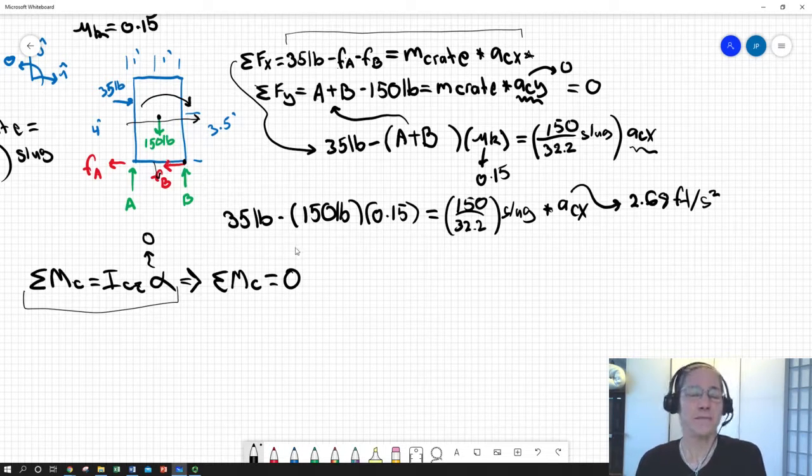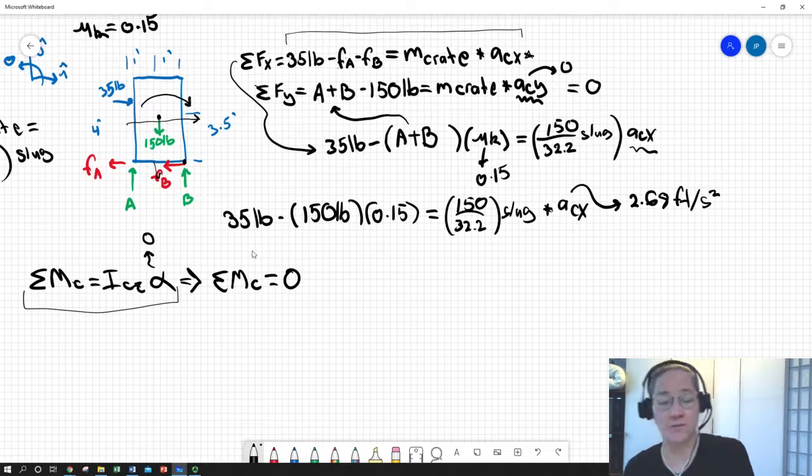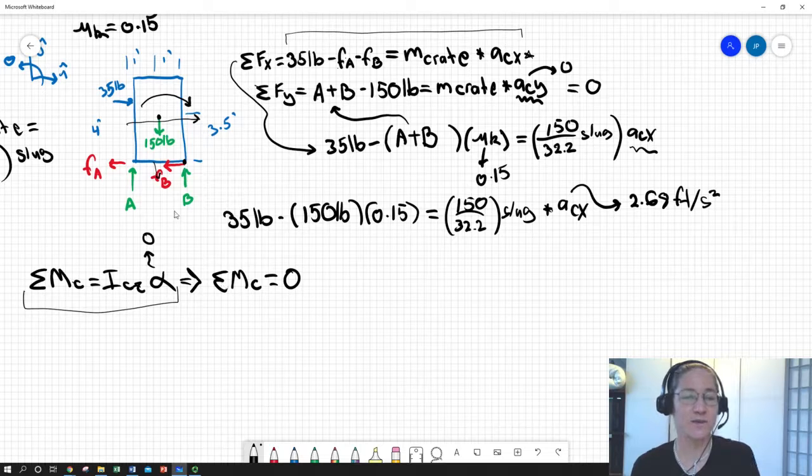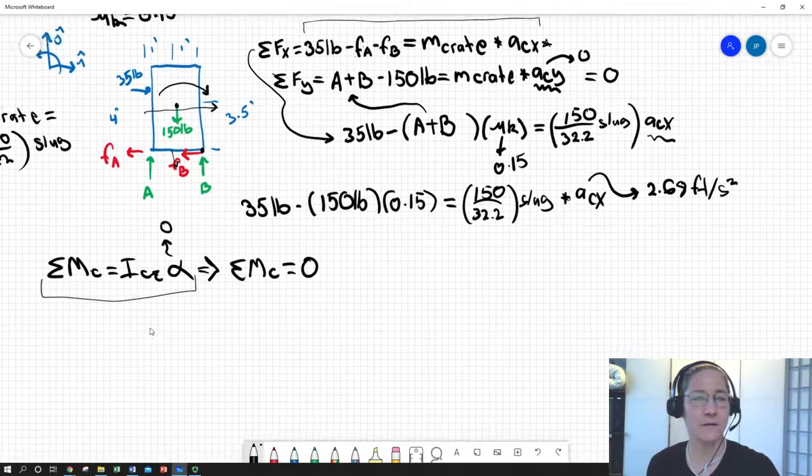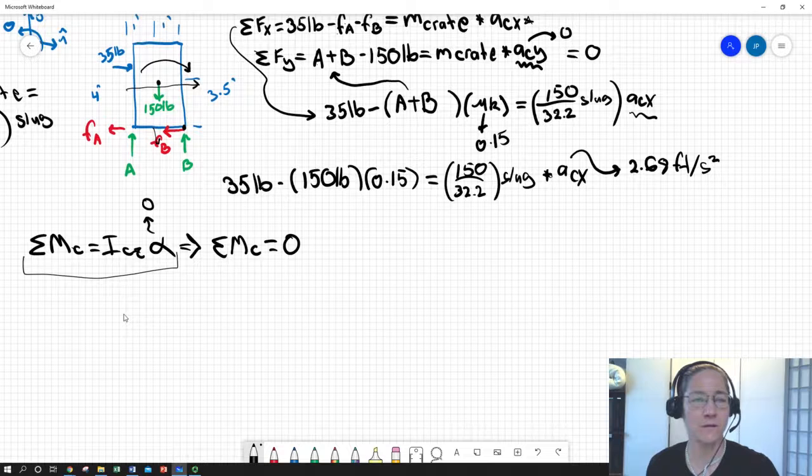So now it's just a matter of summing forces and directions to write an expression for the sum of the moments about the center of mass. So we can move up a little bit and do that. We still need our one foot.